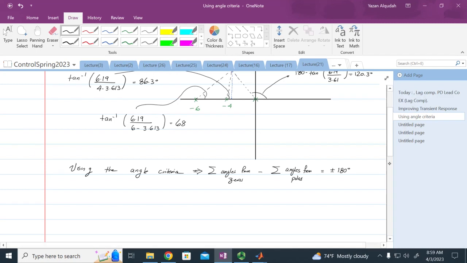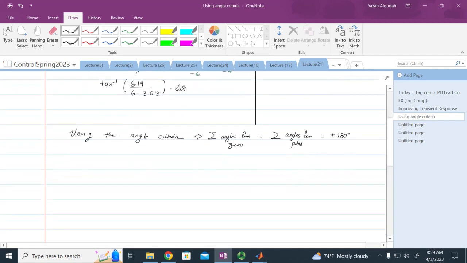So let's calculate what the current angle is going to equal.